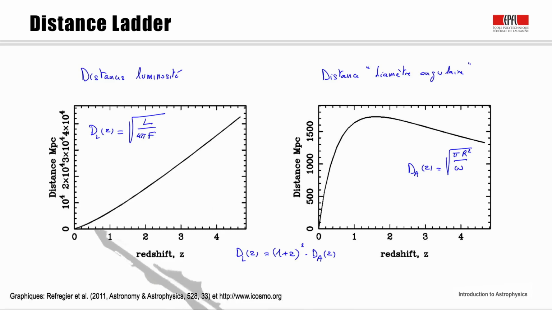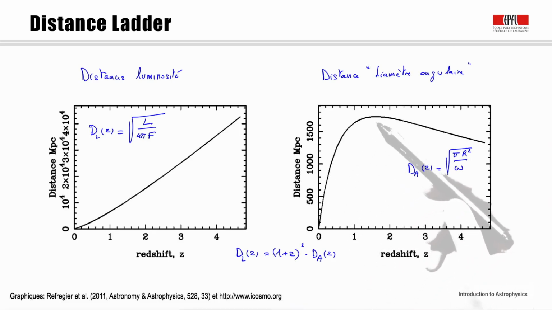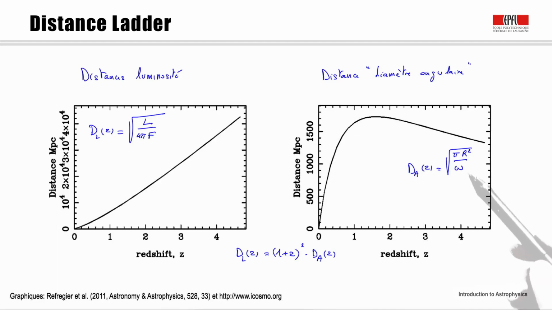In the case of luminosity distances, an object gets fainter and fainter as the redshift gets higher. Here, when the redshift goes up, the angular diameter distance to an object will get to a peak and then go down. This means in practice, the apparent diameter or apparent radius of an object in the sky, when its redshift gets higher, the apparent diameter will first go down.